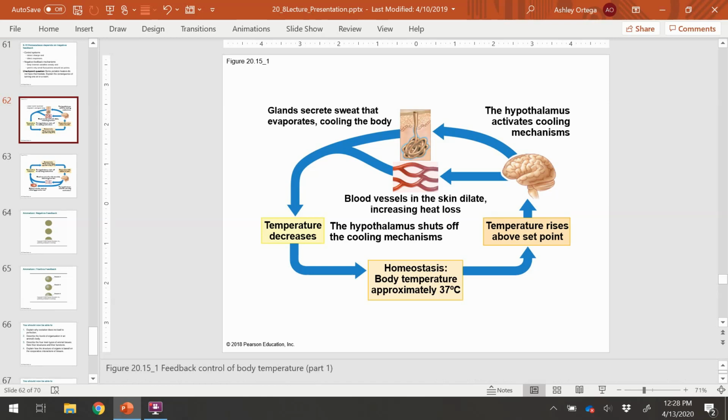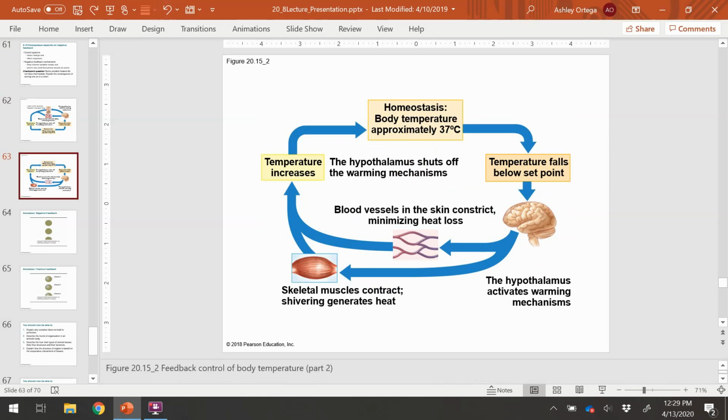This will be detected by the control center, the hypothalamus in the brain, which will activate cooling mechanisms of sweat glands, or glands that secrete sweat. That liquid evaporating will take heat with it, resulting in cooling the body. They will also dilate the blood vessels to increase heat loss. And so the overall result will be a temperature decrease, returning it back to normal, the homeostasis.